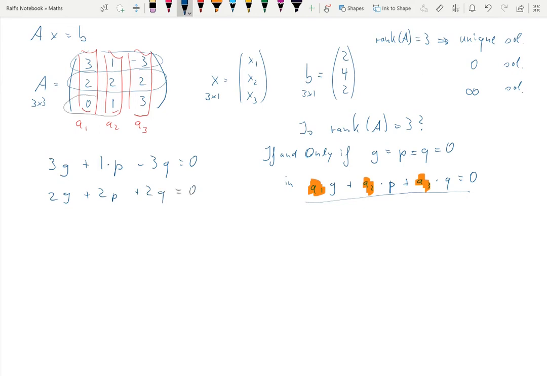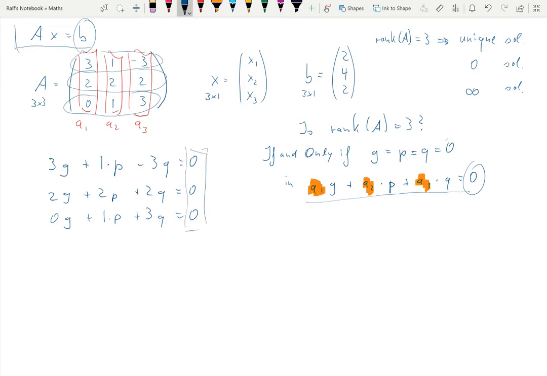And then the third row gives us 0 times G plus 1 times P plus 3 times Q is equal to 0. So what we have here is a new equation system, almost the same as the one up here, just that the b vector is replaced with zeros, only zeros.